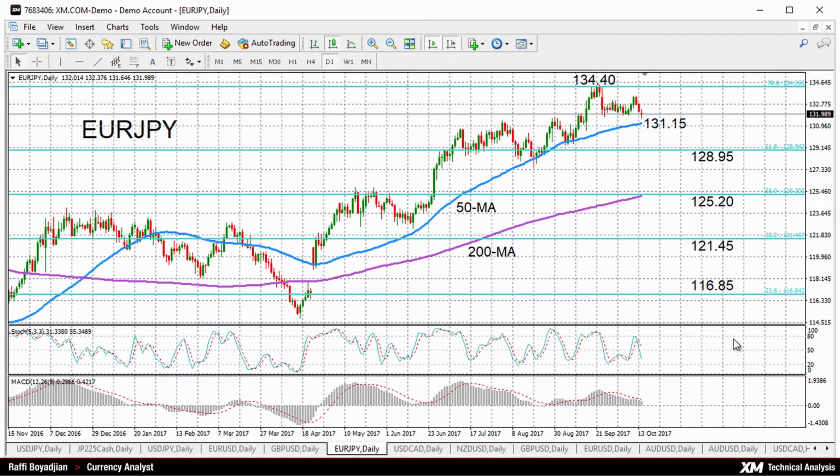Euro-Yen is looking fairly bearish in the short term. We can see the stochastics, the percentage D line sharply below the percentage K line.